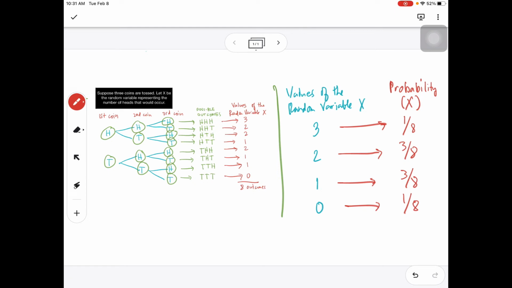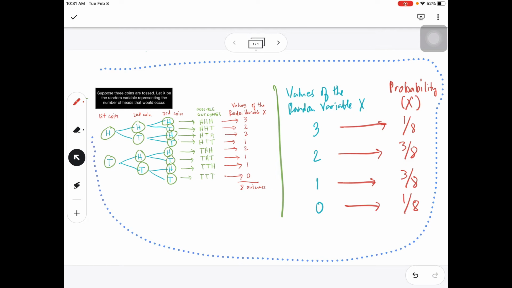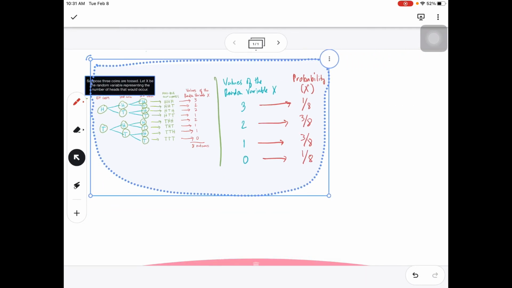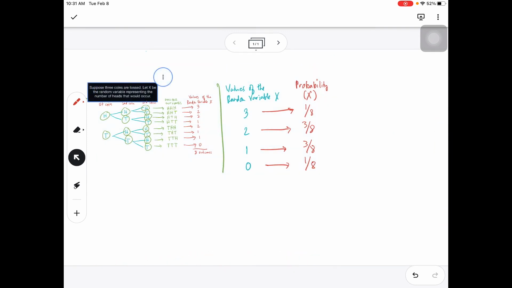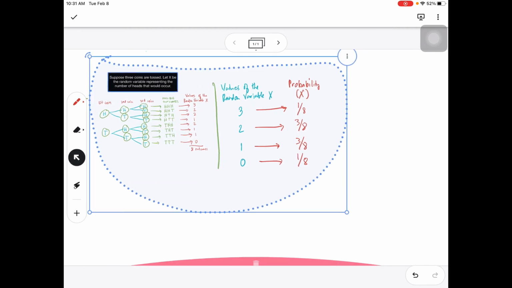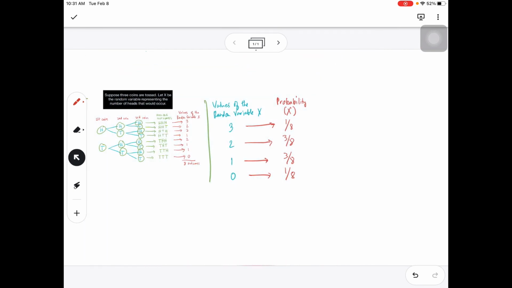Now let's proceed to constructing its histogram. It's the same as making an x and y coordinate.